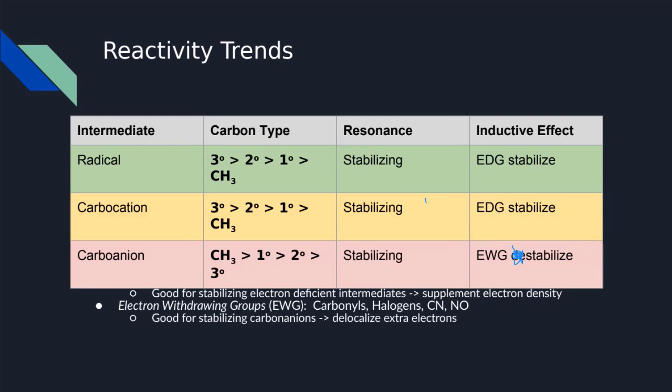And I think it got cut off in this PowerPoint, but some things to note as well are what does it mean to be electron donating versus electron withdrawing? Some examples that you're going to see are that electron donating groups tend to be methyls, ethers, and I believe amines.